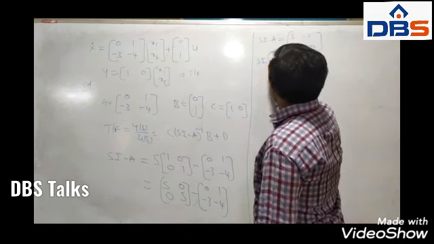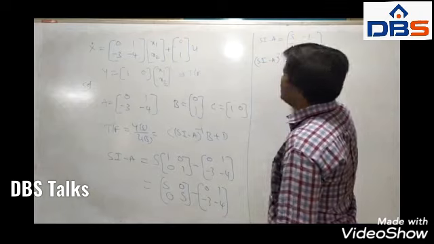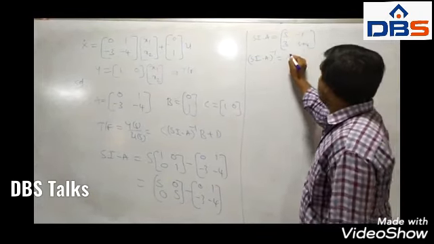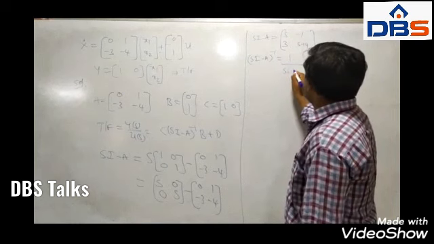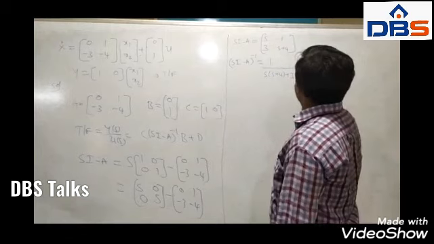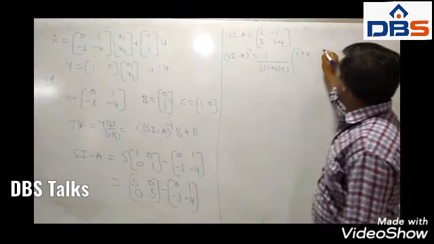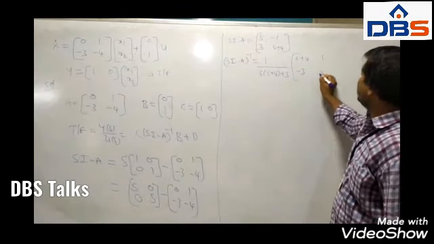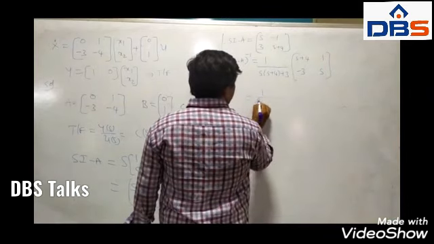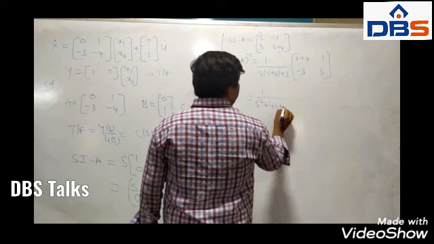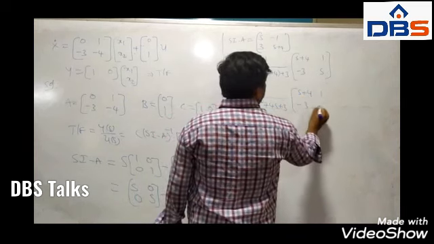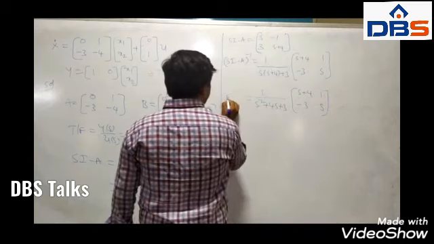Now the inverse of (sI minus A) is the adjoint of (sI minus A) by the determinant of (sI minus A), that is equal to 1 by s into (s plus 4) plus 3, times [s plus 4 1; minus 3 s], so that is equal to 1 by (s square plus 4s plus 3) times [s plus 4 1; minus 3 s]. So this is the (sI minus A) inverse.